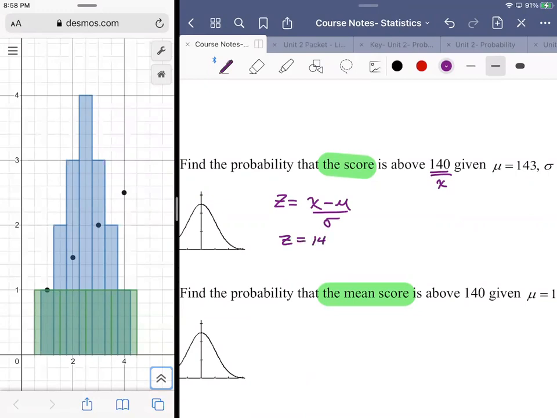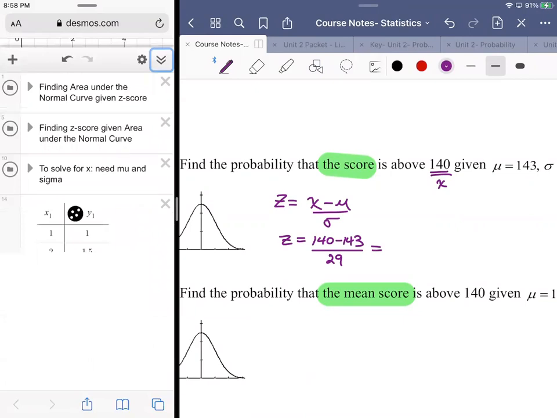So 140 minus 143 divided by 29. All right. So I don't really need this stuff anymore. So I'm just going to get rid of that.